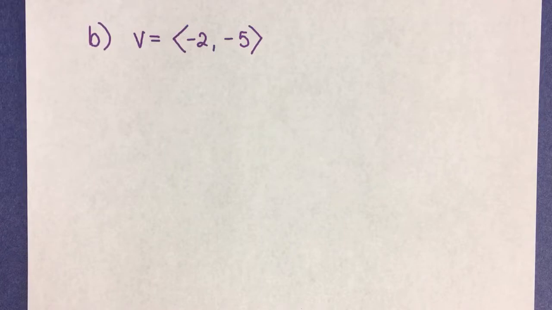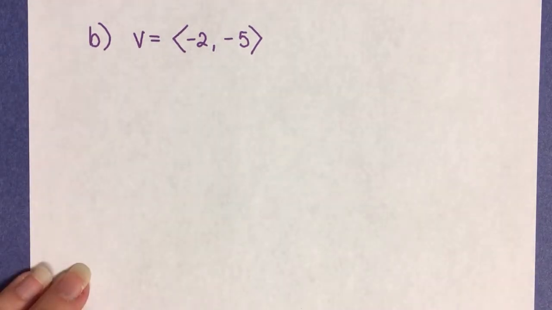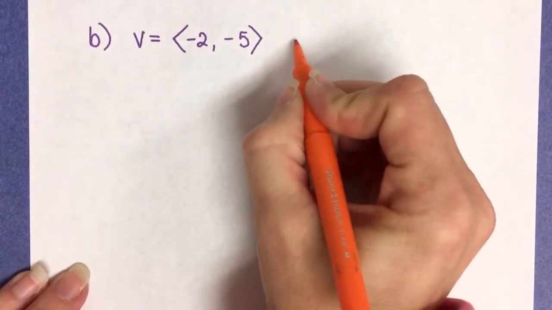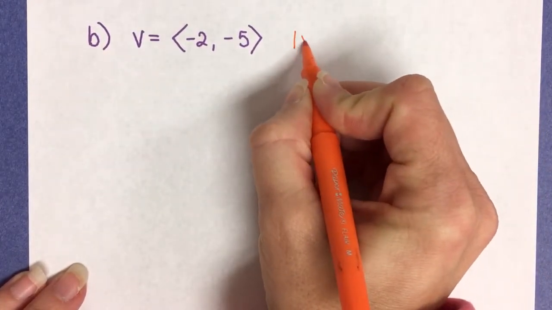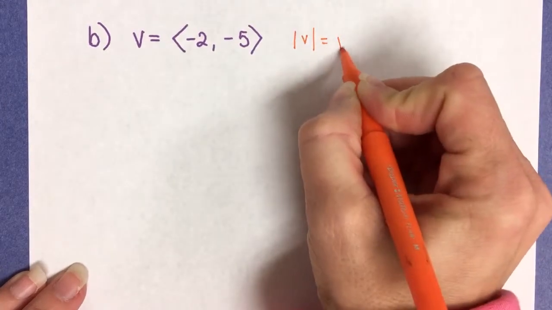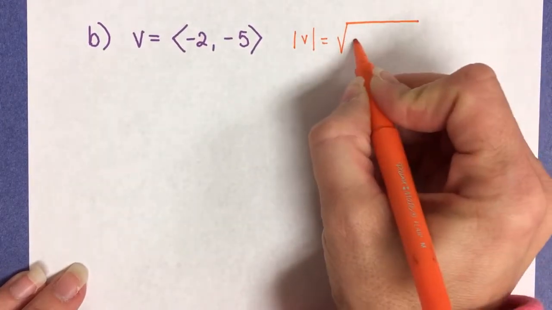Okay, so you're going to start out by finding your magnitude. So again, square root of a squared plus b squared.